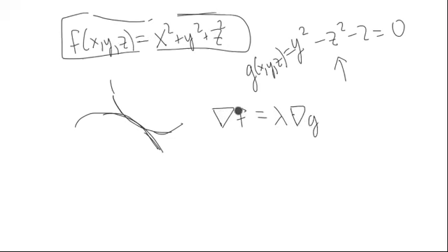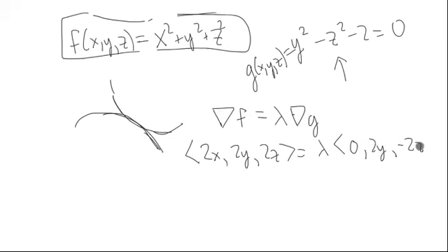Doing this, we'd end up getting 2x, 2y, 2z, and over here we'd end up getting 0, 2y, negative 2z. So we have 4 equations and 4 unknowns, because we have this equation right here.